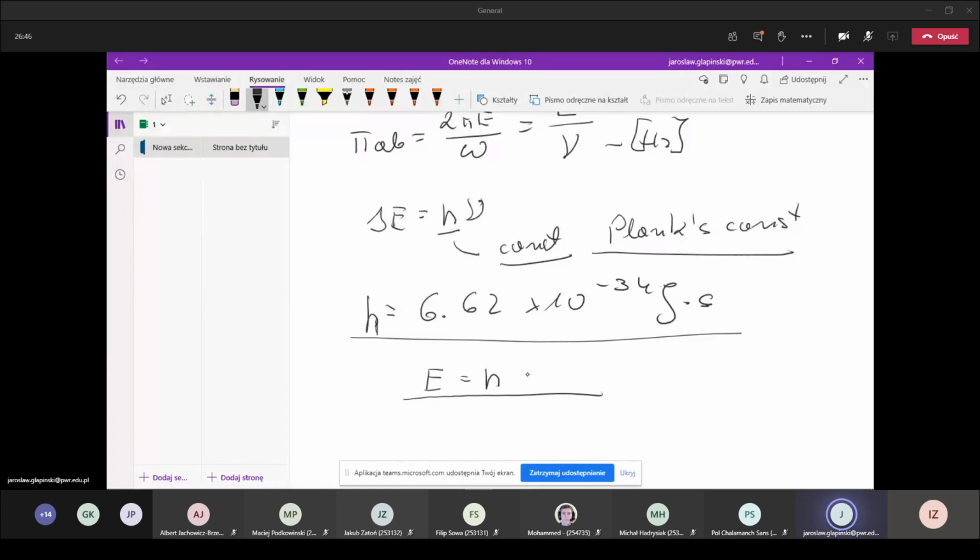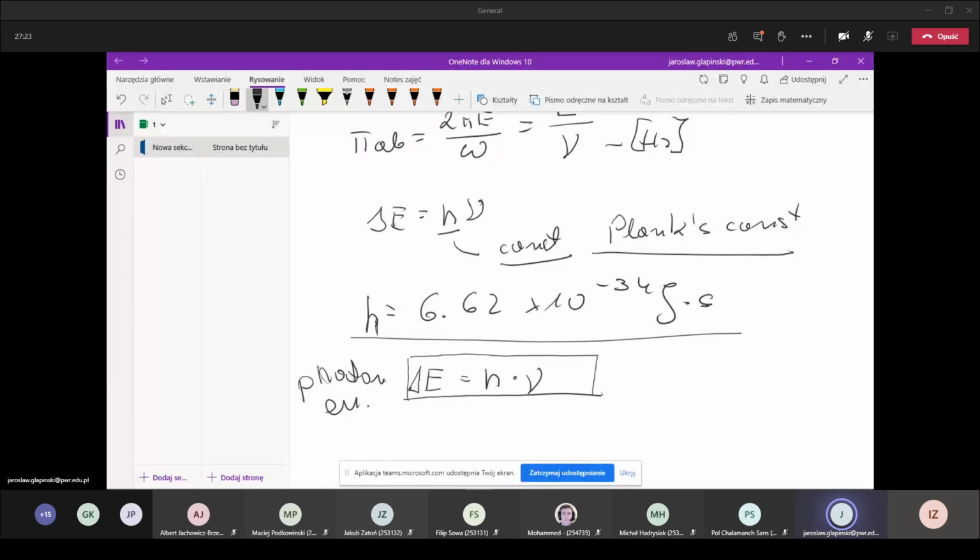The energy of a photon is equal to the Planck constant multiplied by its frequency, the frequency of the light, of the electromagnetic field. And this is a very important equation to understand what is going on in our electromagnetic fields.